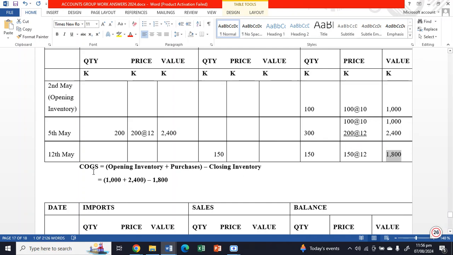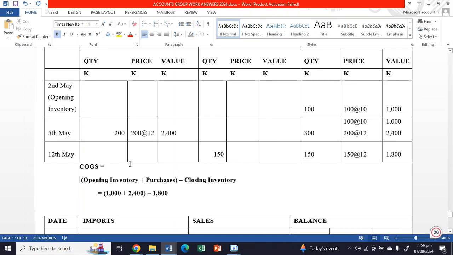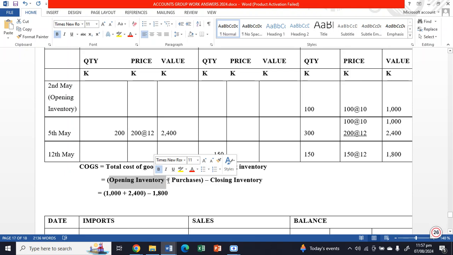Now to get the cost of goods sold. Remember, the cost of goods sold is the total cost of goods available for sale, this is from the trading account, minus the closing inventory. The total cost of goods available for sale is your opening inventory and your purchases.